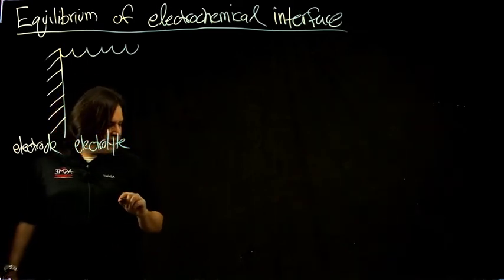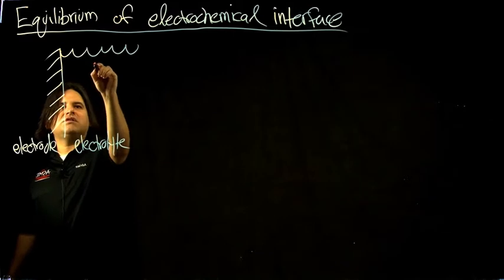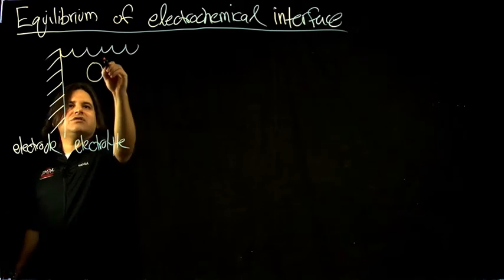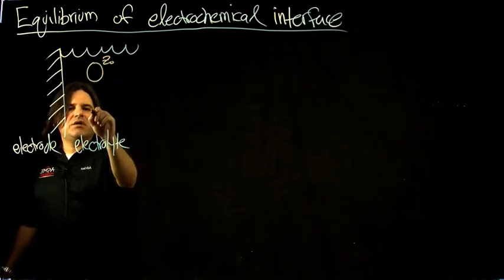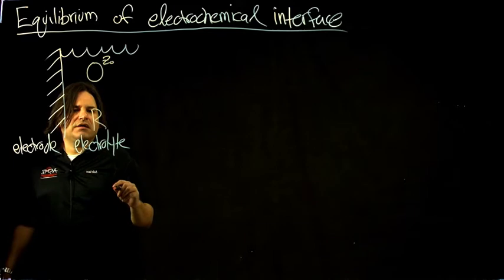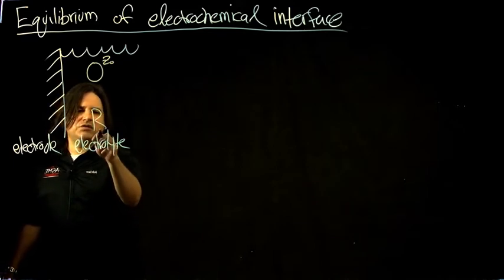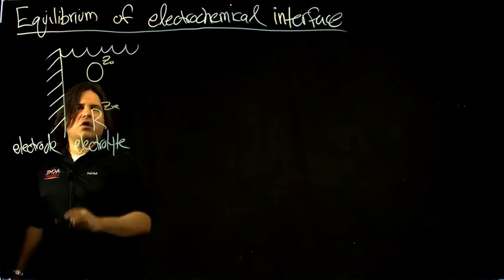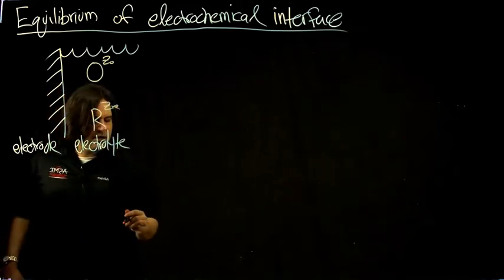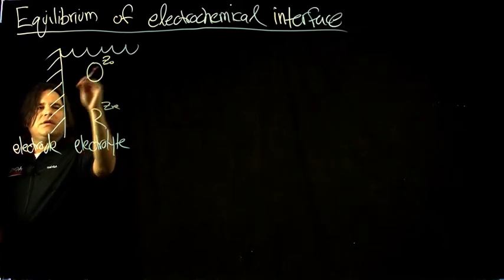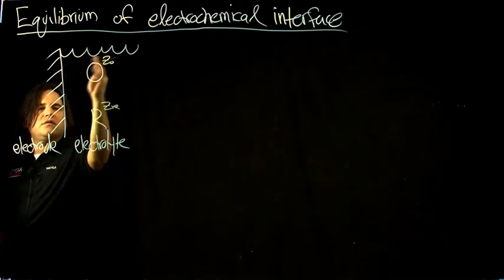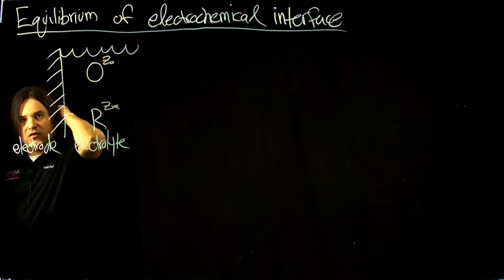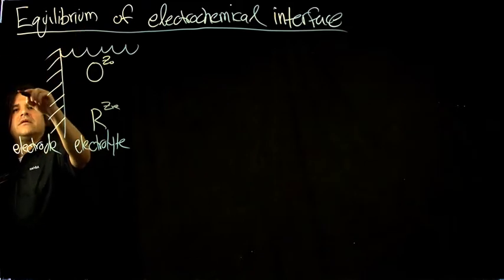So let's say you have an oxidized species. This will be O for oxidized. It has a certain charge, Z, and then you have the reduction, a product, that's a reduction process because you gain an electron. Let's say that has a charge of R. In this process, it's an interface where you have the liquid components dissolved in the liquid electrolyte, and then the electrode gets involved because around the circuit comes an electron.